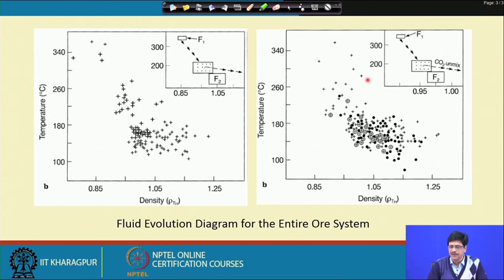Now, here the carbonic fluid characteristics could possibly be considered. As we know, if there is a mixed aqueous carbonic fluid and then this particular fluid undergoes unmixing, meaning it separates, a carbonic fluid is separated out of the aqueous fluid, then the solubility of the salts will be very negligible in the carbonic component.